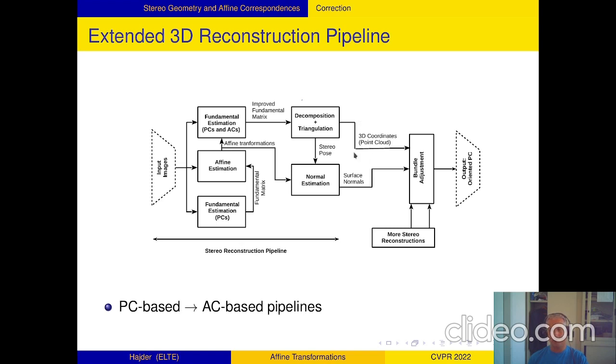of the scene is computed, and if we have more stereo image pairs we run the same pipeline again and again, and at the end a bundle adjustment algorithm can also be implemented, which refines all the parameters, including the camera parameters, the three-dimensional coordinates, and the surface normals. So the novelty here is that the surface normal can also be computed.